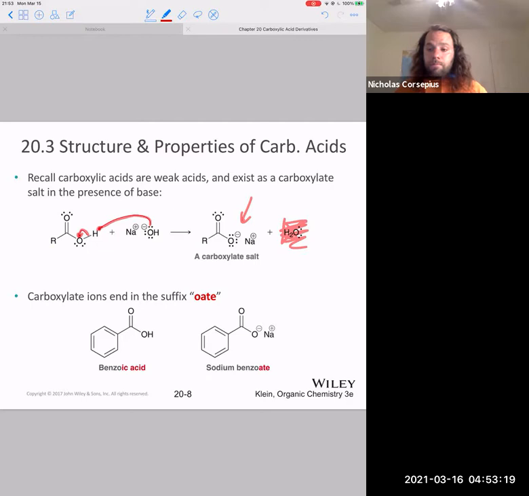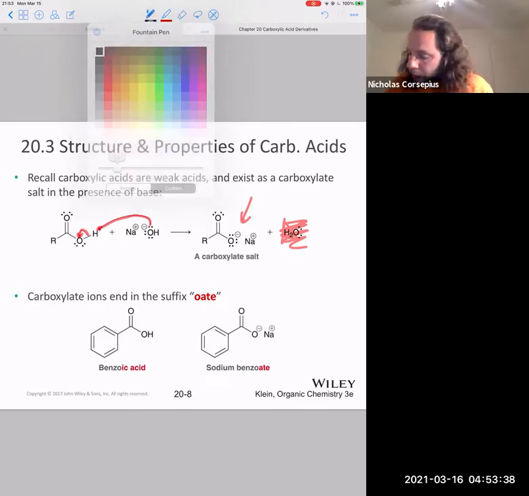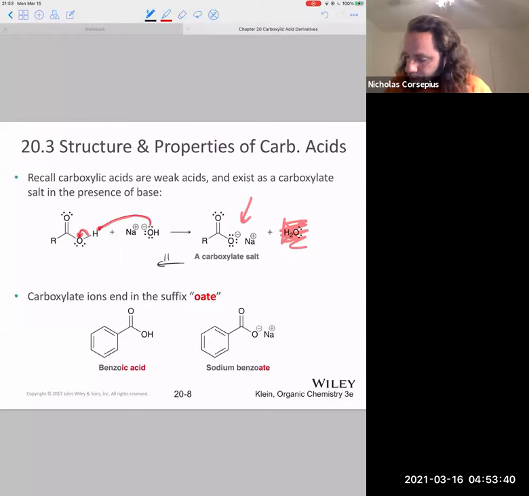Carboxylate salts can be easy to deal with, right? Ionic compounds are usually solids, which means that they're easy to transport and to mass out and all that good stuff. So there are some reasons why we might choose to work with the carboxylate salt version versus the acid version. Of course, we could always go back the other way by just adding some proton source.